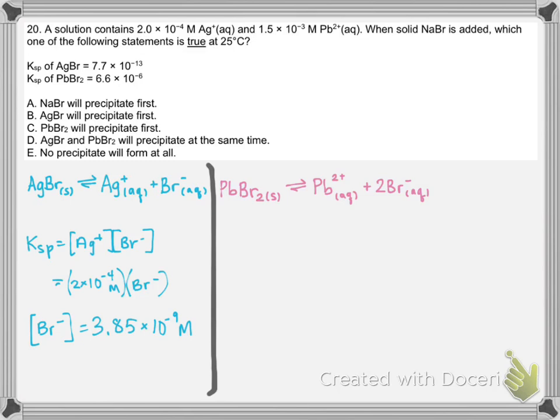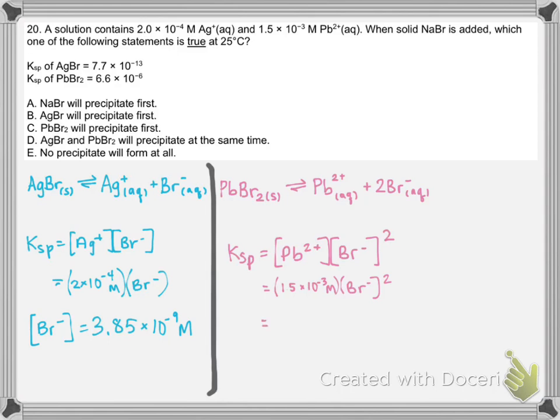And we can use the same logic for this lead bromide. We'll have a different KSP expression. It's going to be our lead ion concentration times our bromide ion concentration squared. We know our lead ion concentration from up above is 1.5 times 10 to the negative 3 molar. And then we can solve for bromide using the KSP above.